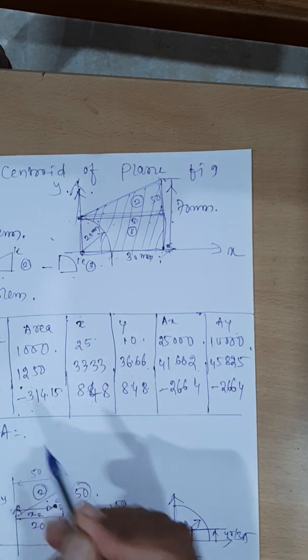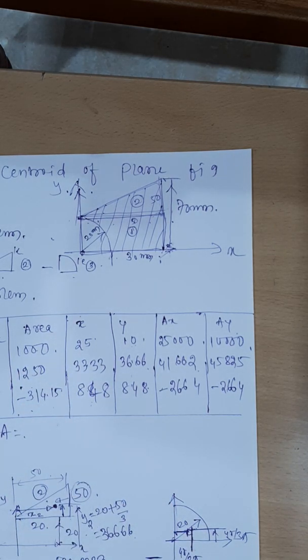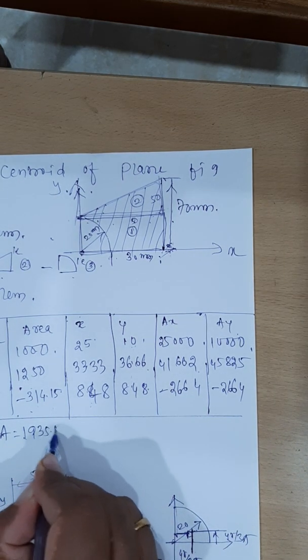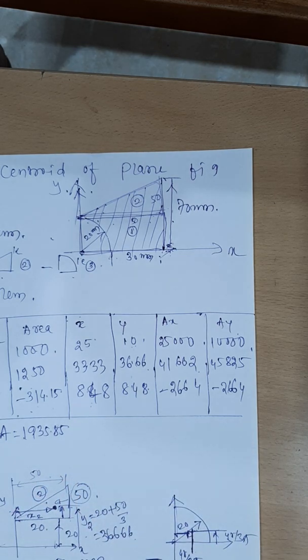Total of area is equal to 1000 plus 1250 minus 314.15, which is equal to 1935.85. 1935.85.